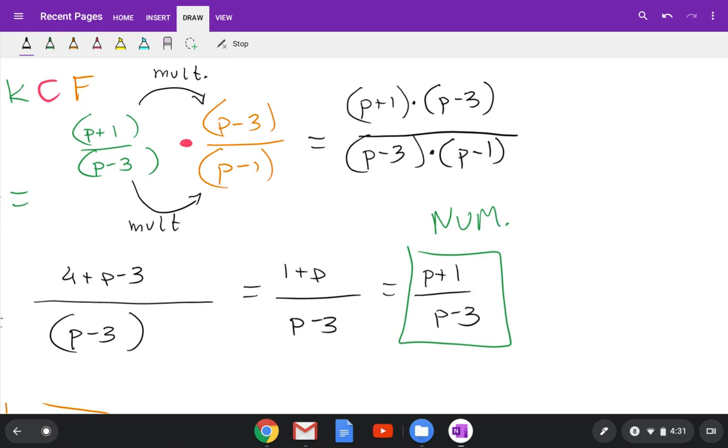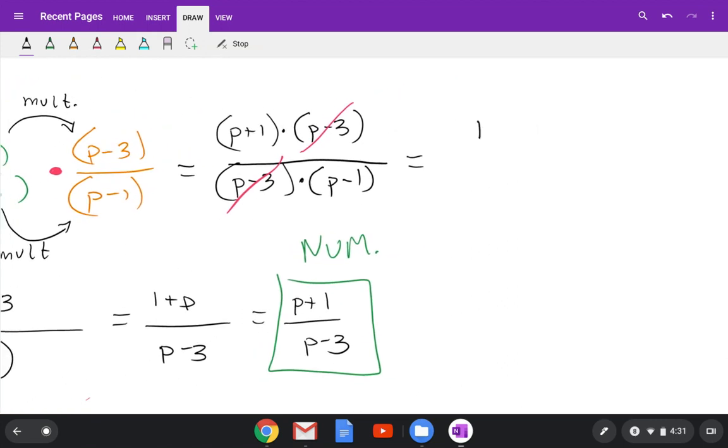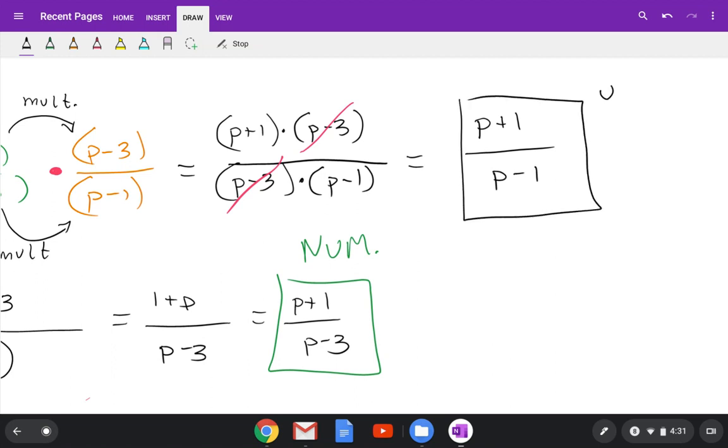So again, don't FOIL, because if you solve it correctly, there's always going to be a factor which repeats on the top and on the bottom, which you can just cross out. So your final answer is the factors which are unique, which means p plus 1 over p minus 1. So this is our final answer.